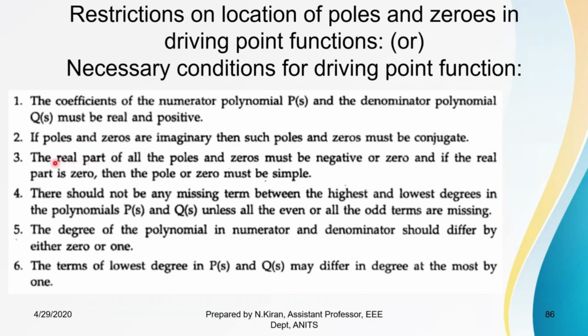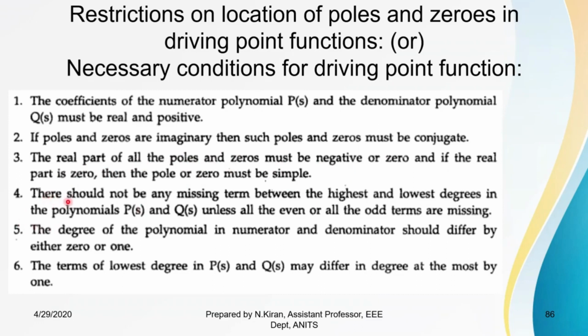Then the third condition is the real part of all poles and zeros must be negative or 0. So if the real part is 0, then the pole or zero will be simple. So from this it is understood that it should not be positive. The real part of poles and zeros must not be positive.